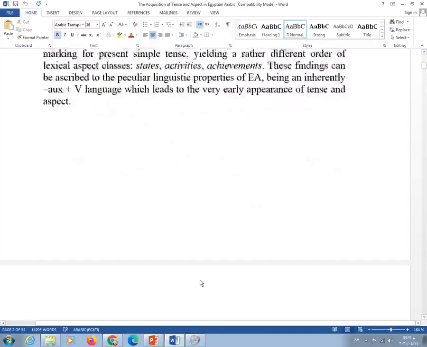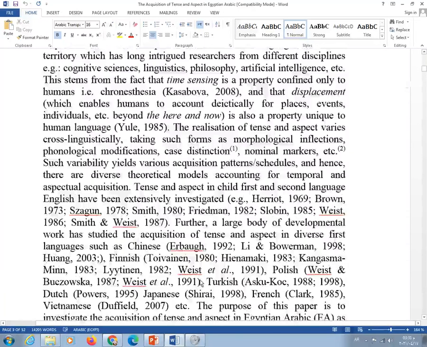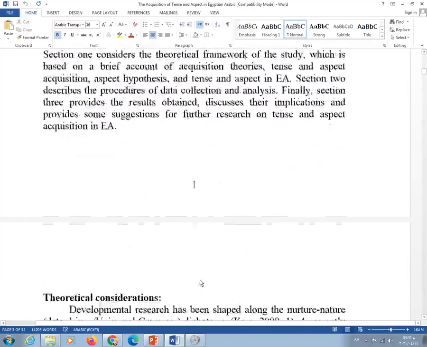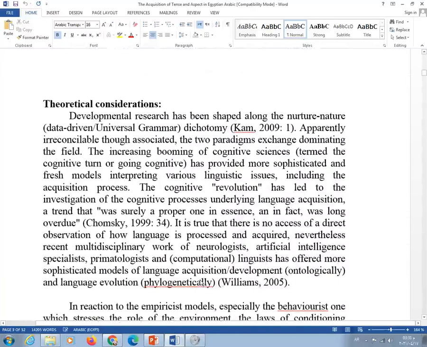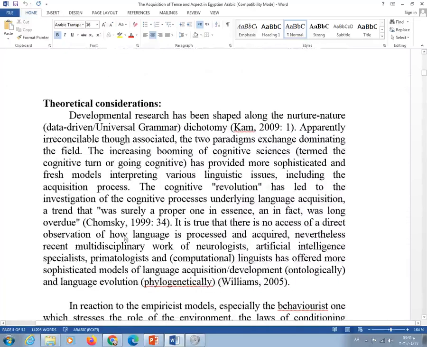We have an introduction, and we have also theoretical considerations, talking about the nature and nurture paradigms, or dichotomy.